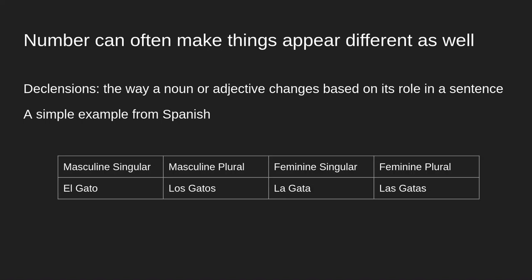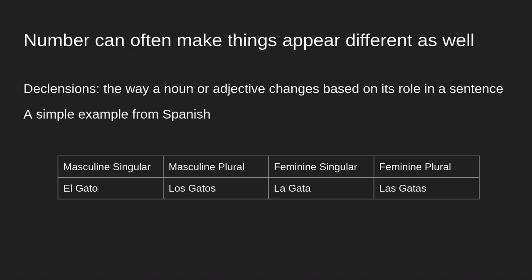So as you can see, not only does the ending of the word change, o meaning masculine and a meaning feminine, but you also change the definite article, right? So el gato versus la gata, okay? You don't just change the o, but you have an entirely different word in that role.